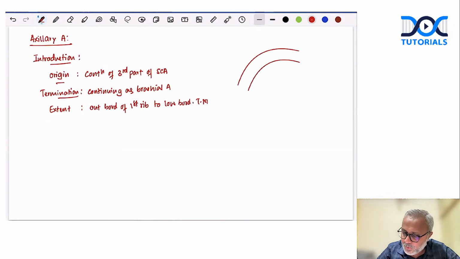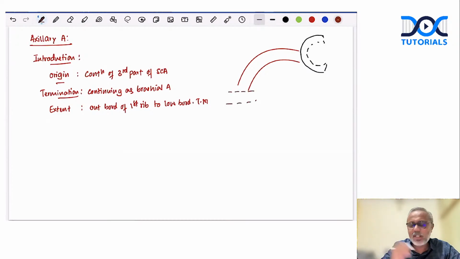We can simply show the outline of the first rib, and here we can show the lower border of the teres major muscle. So this could be teres major, this could be the first rib. Even a simple line diagram like this should be enough, right?